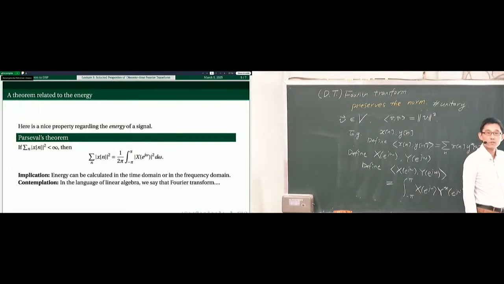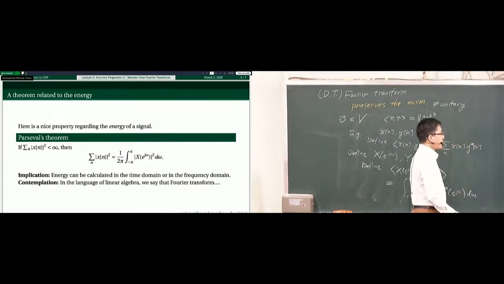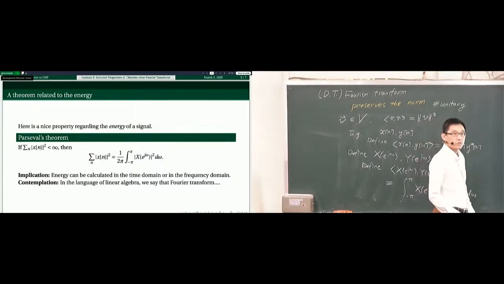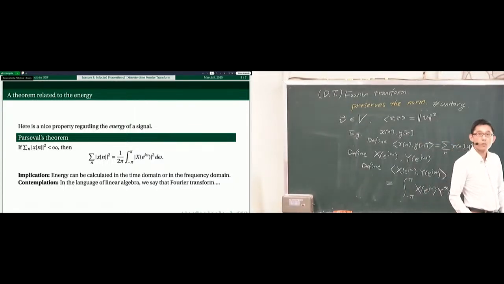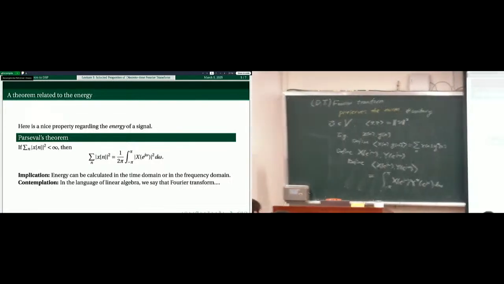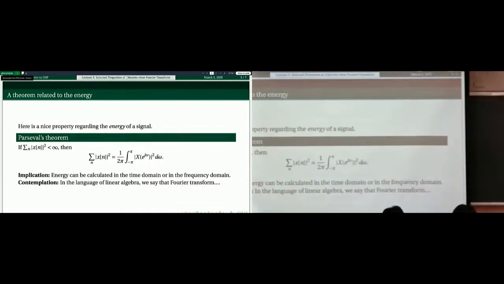Let's come back to look at Parseval's theorem. I say it preserves the norm, and this is a special property. Why? Because the Fourier transform can be regarded as a change of basis, 傅里叶转换是坐标变换, from the time domain, and now we choose a different basis set. 基底的这个变换.